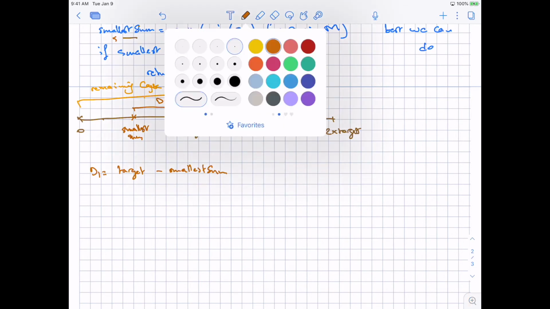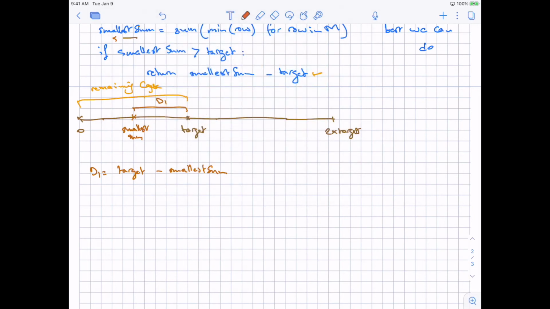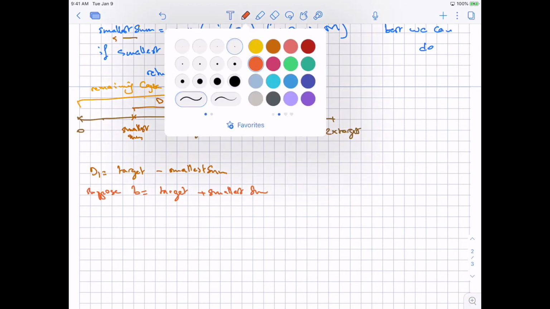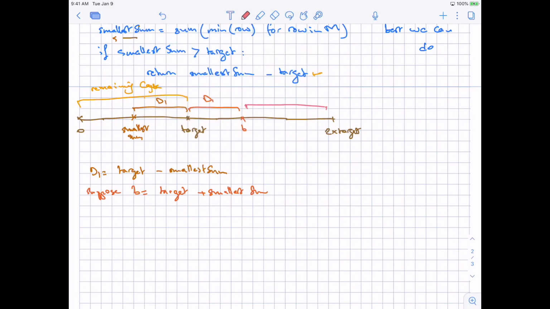Now, one observation we can make here is, let's just add smallest sum to target and get a value B. So let's suppose B is equal to target plus smallest sum. It's like a projection of it here, so this is D1 as well. We know that any sum in this region here, sums here, we can discard.